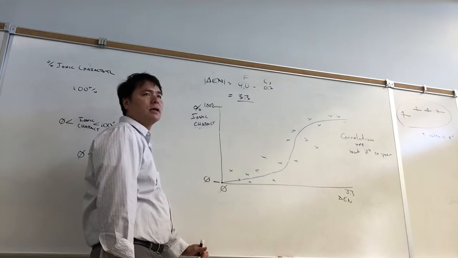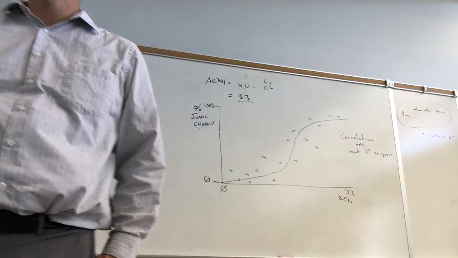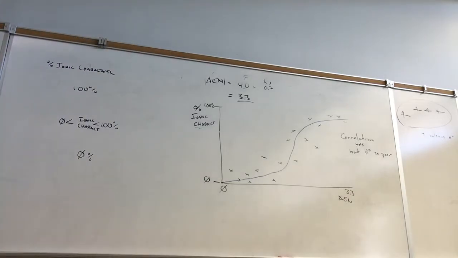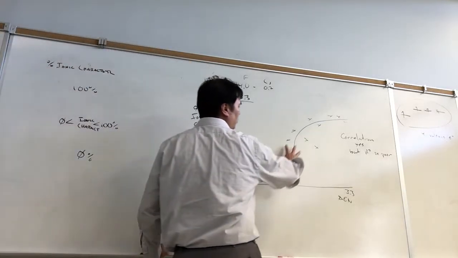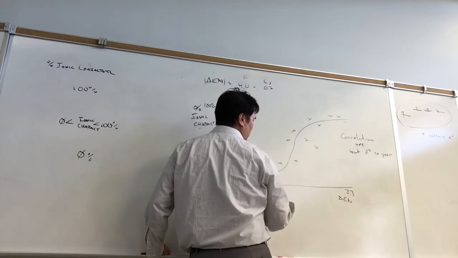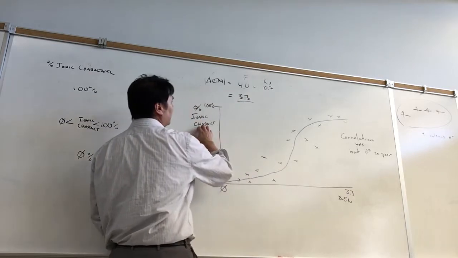The more accurate scales of electronegativity factor in two things: the oxidation state and the number of bonds, to get a more accurate picture of what's going on. But anyway, the correlation here is a rough correlation, but you can see that as the difference in electronegativity grows, so does the percent ionic character.